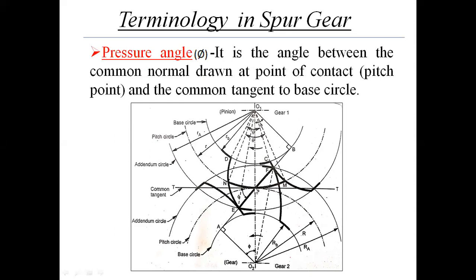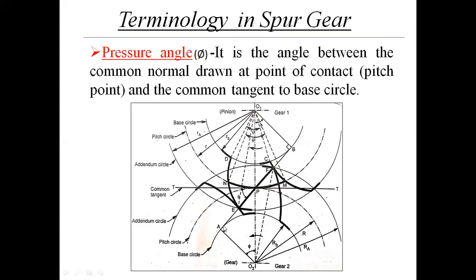So P is the common tangent point, and the line passing through that point is the common normal line. TT is the common normal line, and second one is the common tangent to the base circle. This is the base circle of pinion, and this is the base circle of gear. So line AB is the common tangent to the base circle.